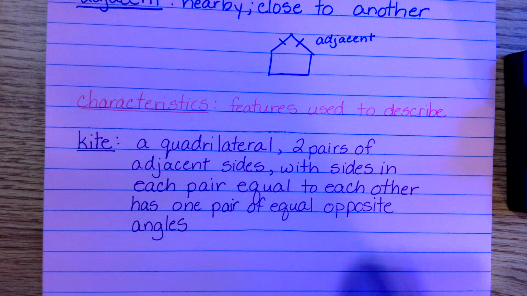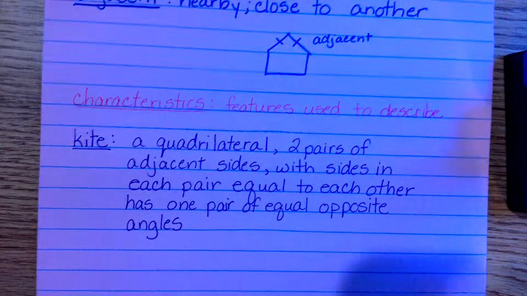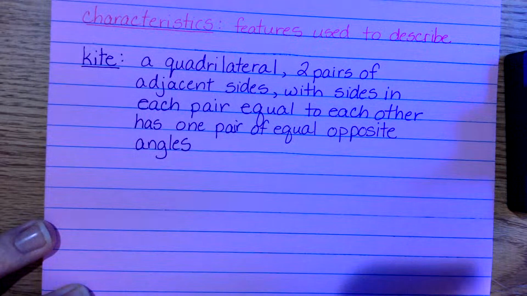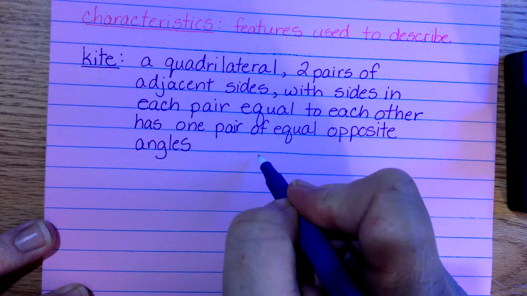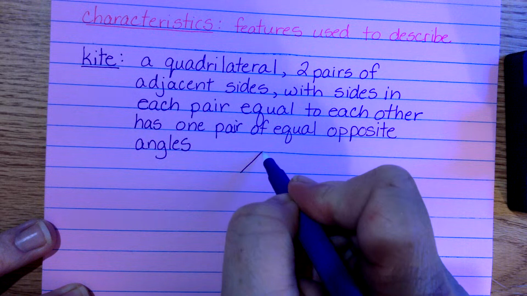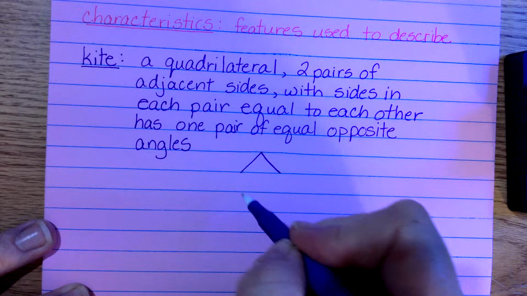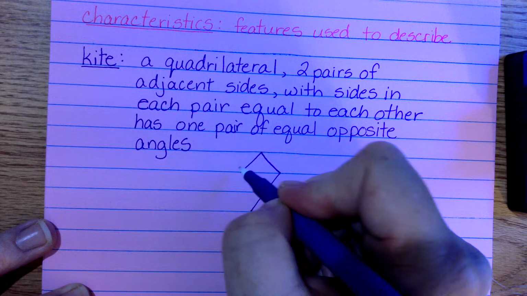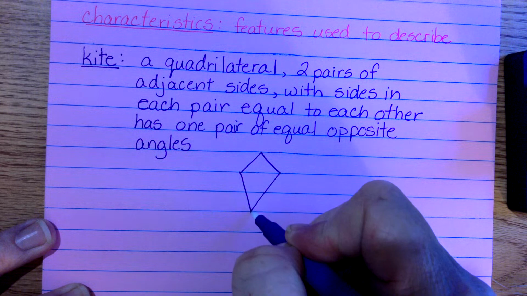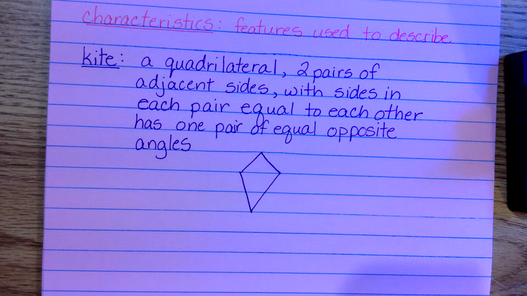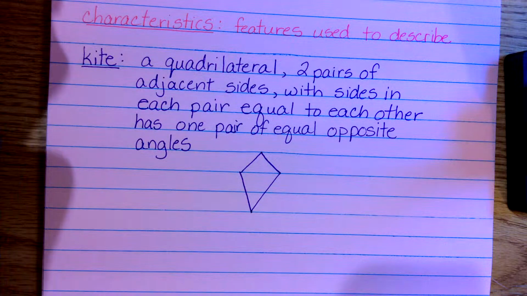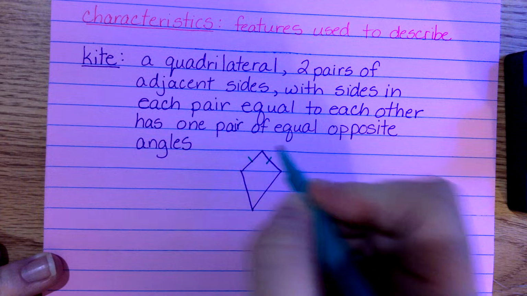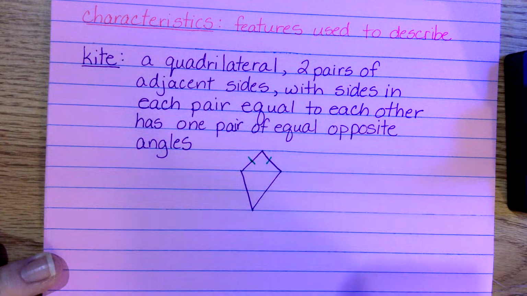All right, so let me show you what that would look like, because that's a lot of description, but a kite really does just look like a kite that you would fly. So you're going to have something that looks like this, and then something that maybe looks like this. So you have two pairs of lines. One pair of lines is this pair right here.